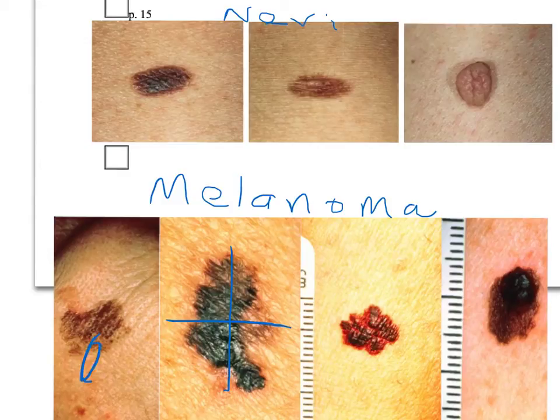You want to look at the border. The border on a mole is very clear. You can see this is where the mole starts, and this is the clear skin over here. On a melanoma, it's a little harder to tell the border. Is this the border? Is this the border? Is this the border? It's more difficult.